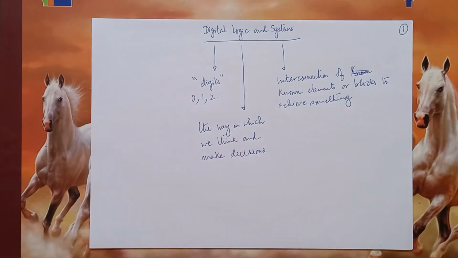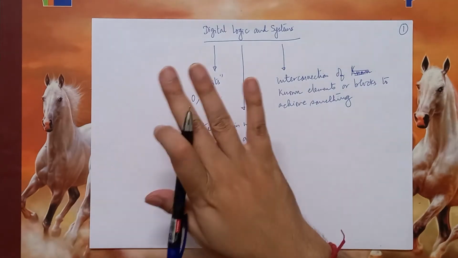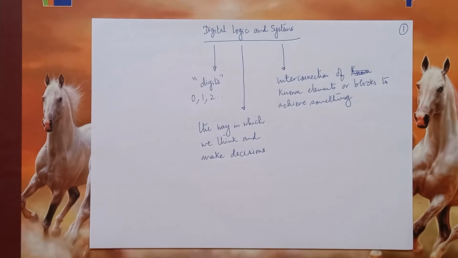Now, to do this, we need to essentially first correlate what these words are implying, how they are interdependent on each other.